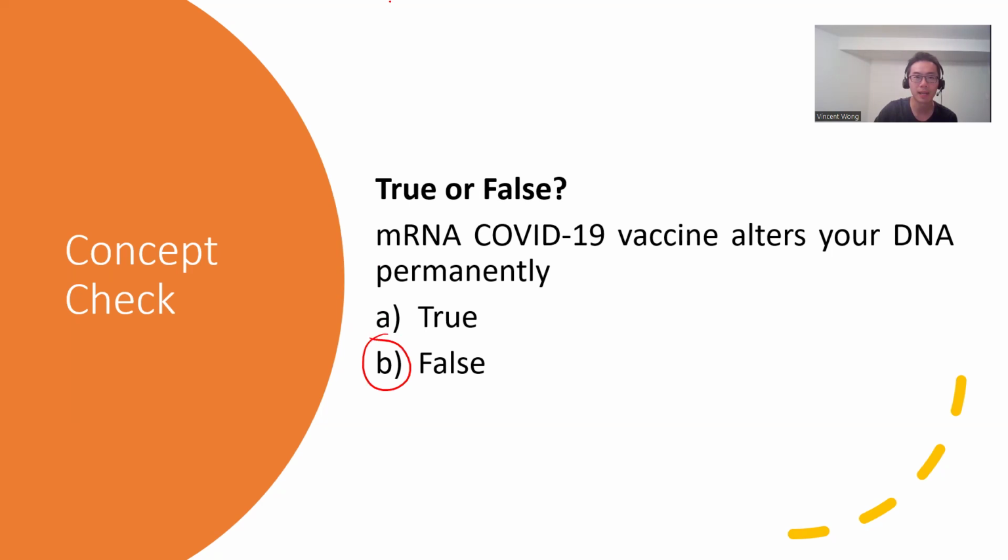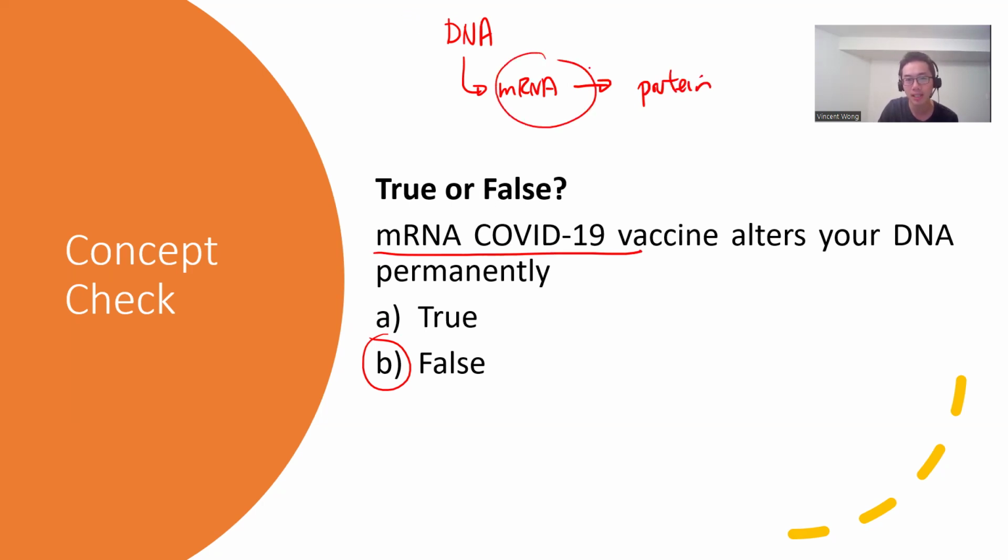So if you remember from last semester, I hope you remember at least something from last semester when I taught you all these things. We know DNA becomes mRNA and mRNA becomes protein, right? The mRNA vaccine basically uses the code, the mRNA, and then your APC, we know what APCs are now.